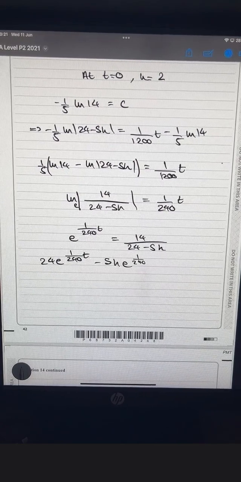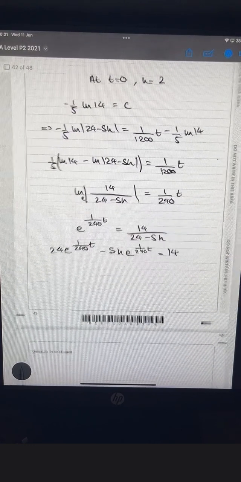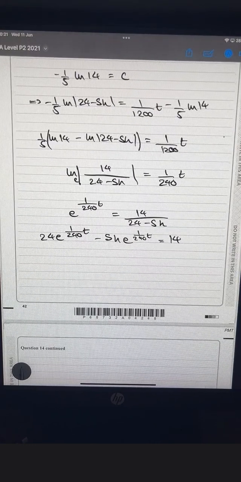All right? So now I'm going to rearrange and just get this h thing onto one side. So 5h e to 1 over 240t is equal to, I added that there, so I'm going to subtract 14 from both sides. 24e to the 1 over 240t minus 14.